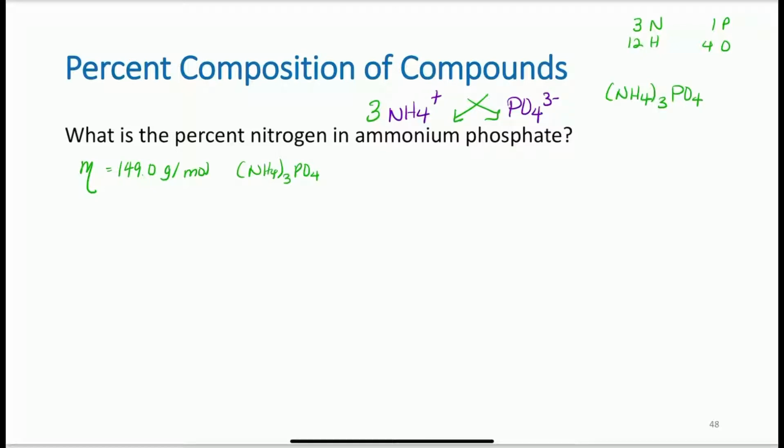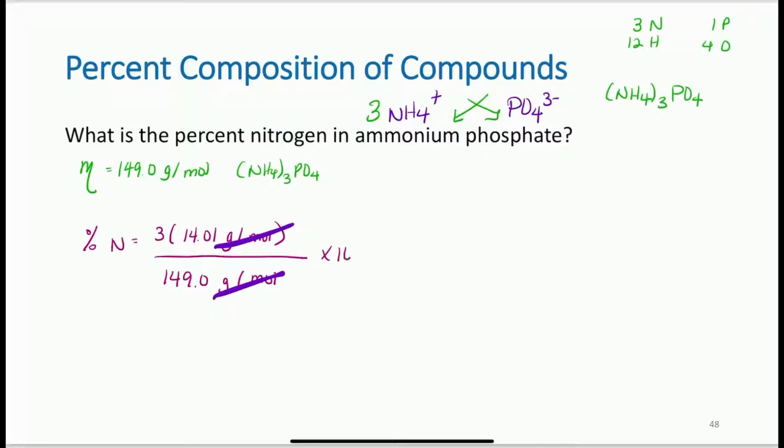But I want percent nitrogen. So I need to take the mass of just nitrogen divided by the mass of the total compound. I have 3 nitrogens, and nitrogen has an atomic weight of 14.01 grams per mole. The total compound has a molar mass of 149.0 grams per mole. Note, this cancels out my units, so I don't even have to worry about those.